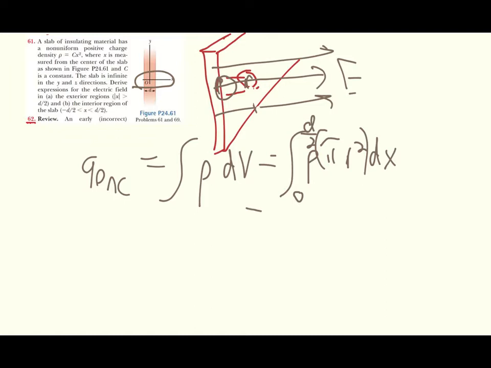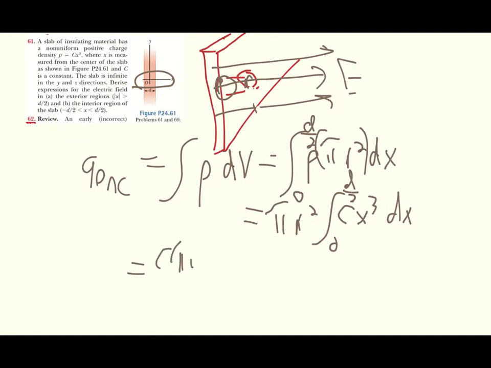So that's going to be, I'm going to pull the constants out. I don't know what r is, so that's a constant. And it's going to be c x cubed dx from 0 to d over 2. Okay, well, that's not a hard thing to integrate. It's just x to the 4th over 4. So it's c pi r squared times x to the 4th over 4.